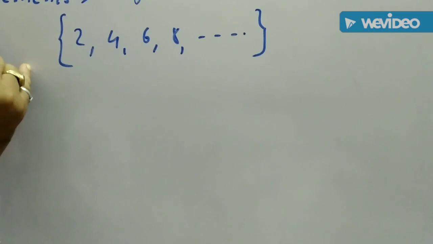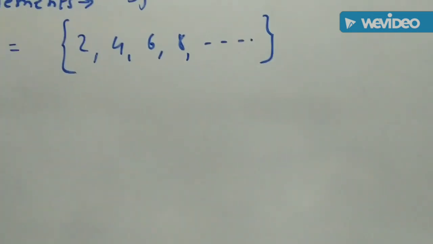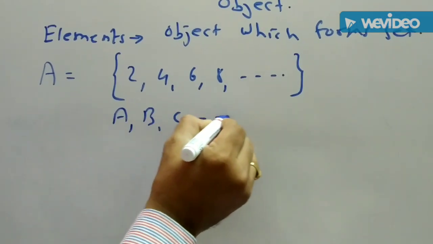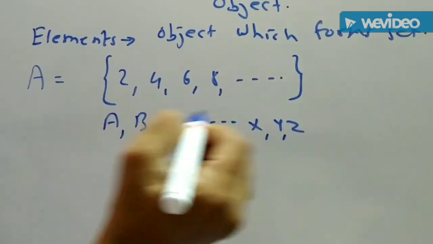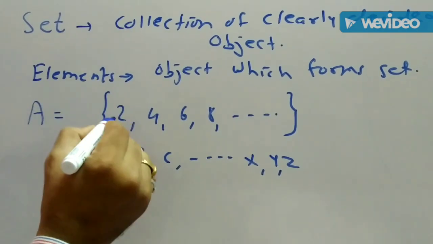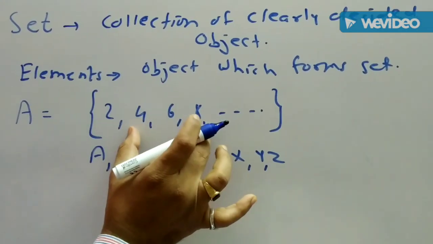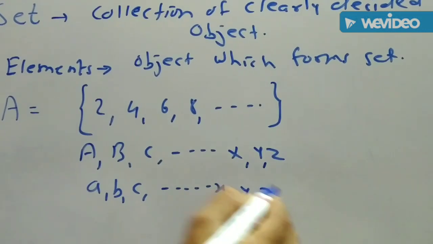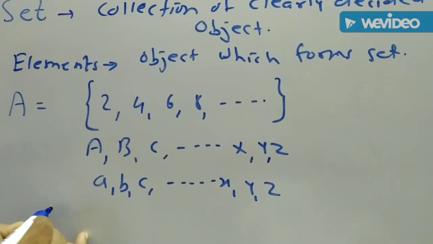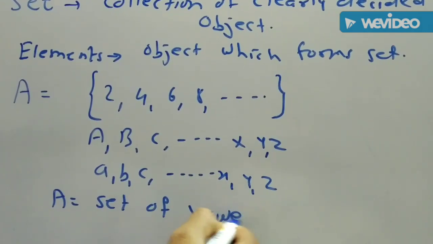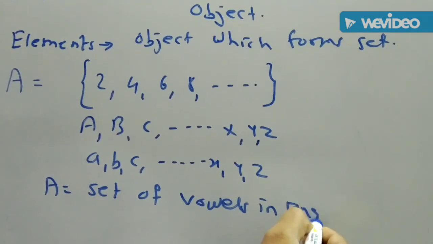Now the name of the set is always denoted by capital letters: A, B, C, D, X, Y, Z, like this. These are the names given to the sets. Then the objects of the sets are denoted by small letters x, y, z. For example, suppose A is the set of vowels in the English alphabet.